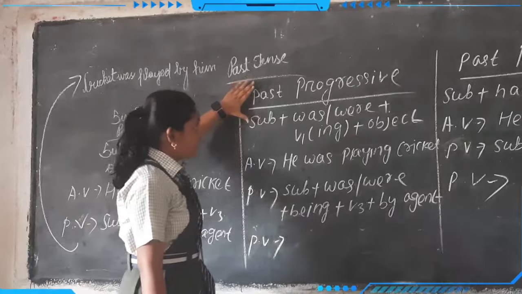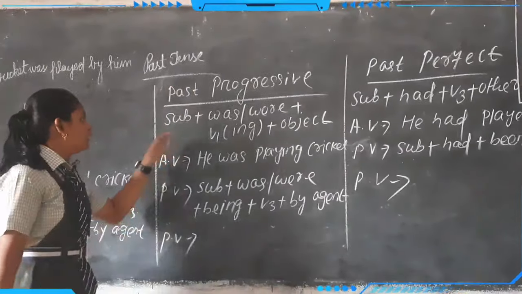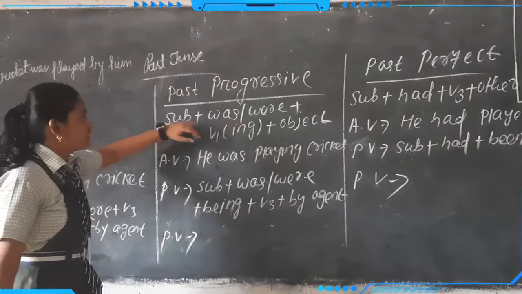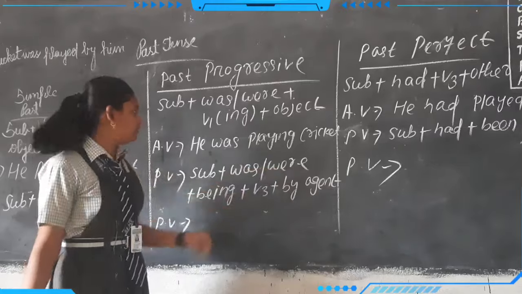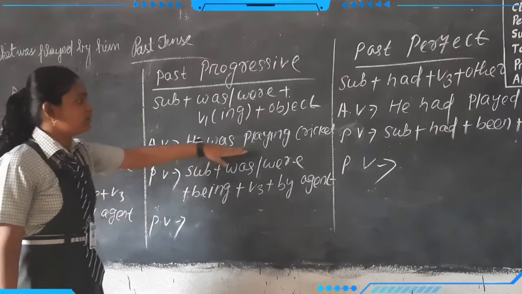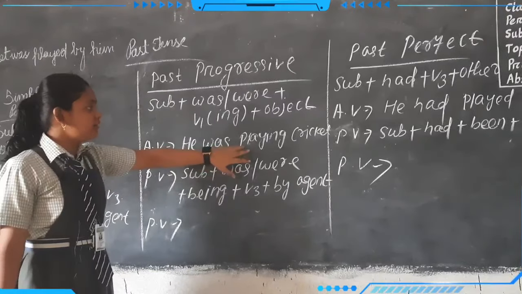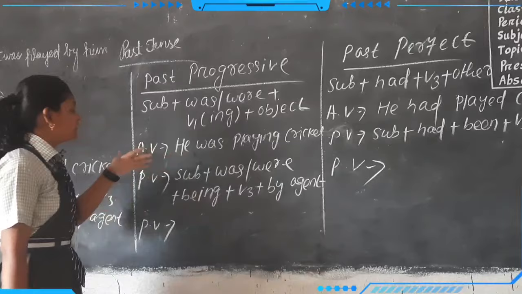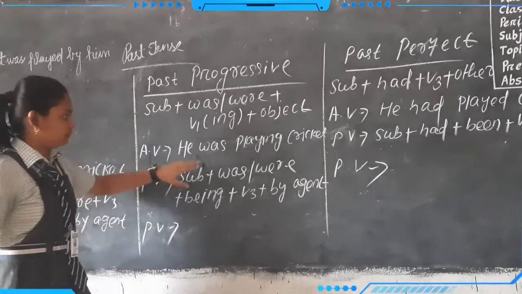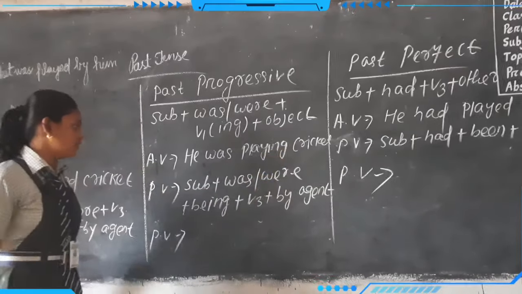In the past progressive tense or the past continuous tense, the structure for the active voice is subject plus was or were plus verb 1 plus ing plus object, and the example is he was playing cricket. He is the subject, it is written was because he is singular, playing is the verb and cricket is the object.